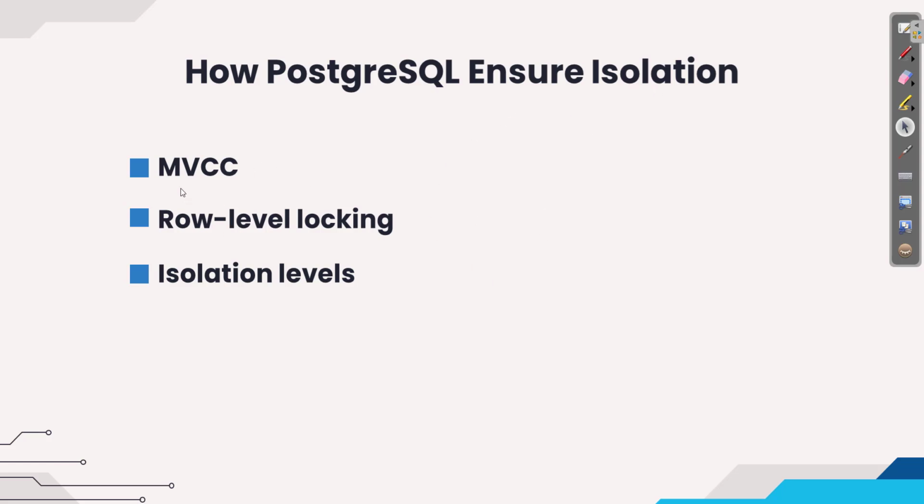PostgreSQL uses a multi-version concurrency control system, row level locking, and isolation levels. All these three things we have discussed in the previous video. If you have not watched the previous videos, please watch them before going forward. Multi-version concurrency control, right?